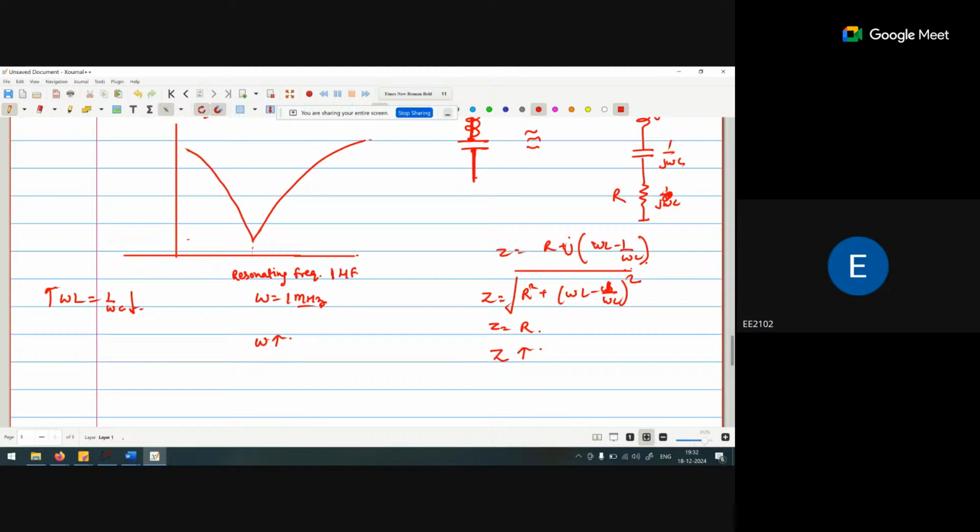Clear? Now if I increase the value of the capacitor, how do we calculate the resonating frequency? Omega is 1 upon root of LC. If I decrease the value of the capacitor, my resonating frequency will increase. So if I increase the capacitor value from 1 microfarad, the resonating frequency will shift.